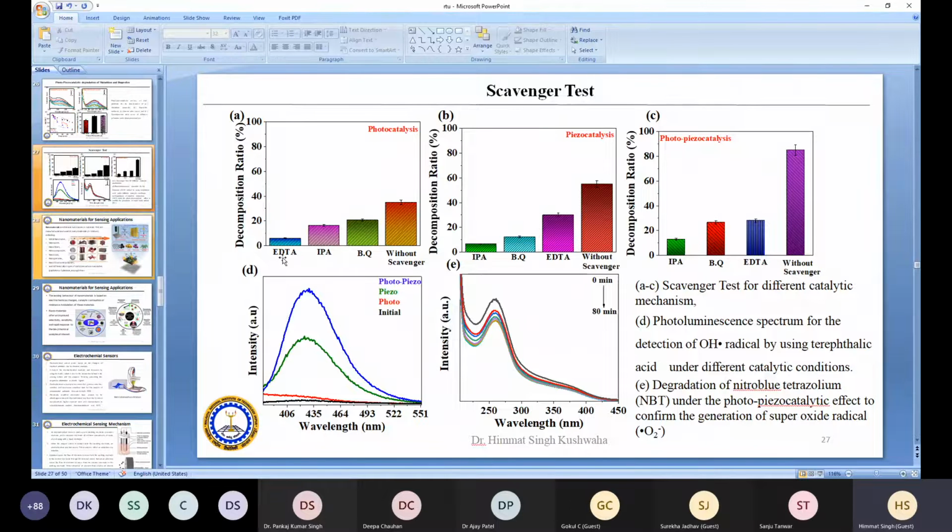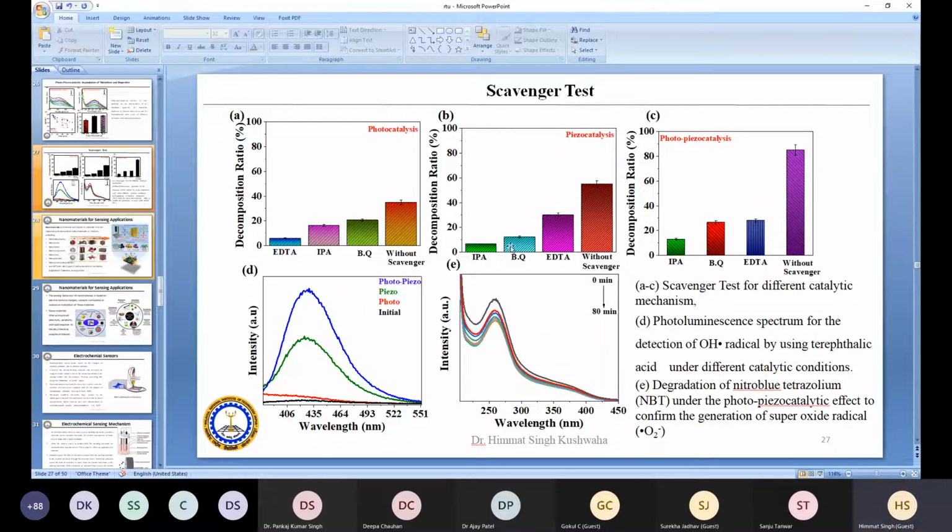You can see EDTA, which is a hole scavenger, IPA, which is an OH scavenger, then benzoquinone, which is the O2 radical scavenger. When we add EDTA as a scavenger, the degradation is very low. So the hole is actively participating in this photocatalysis process.